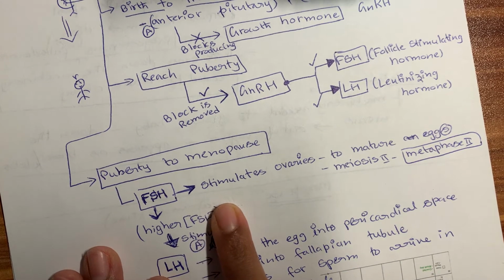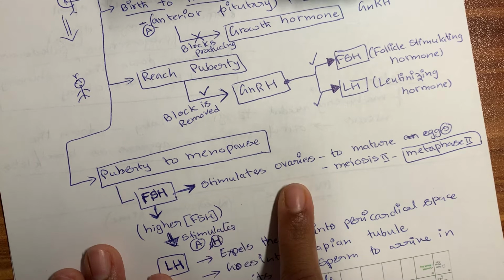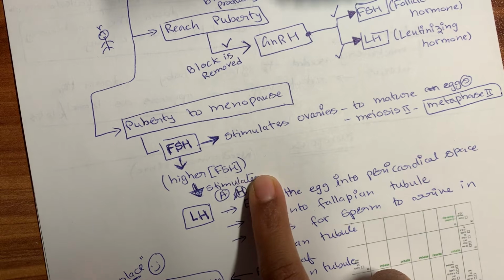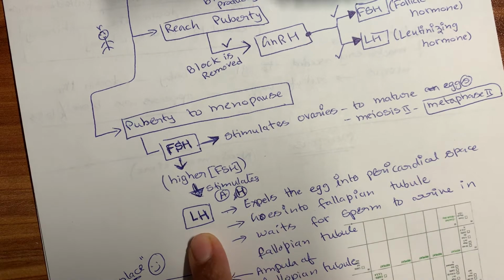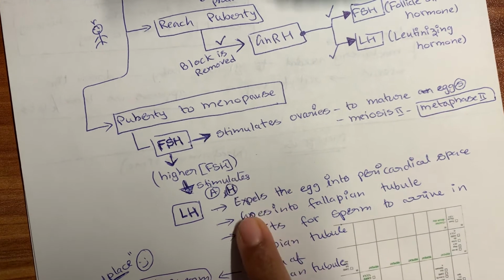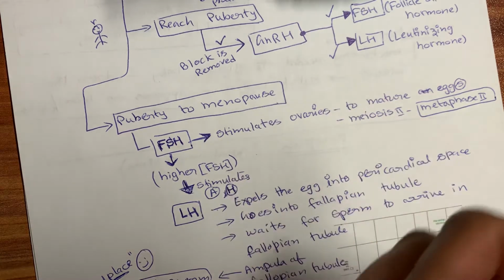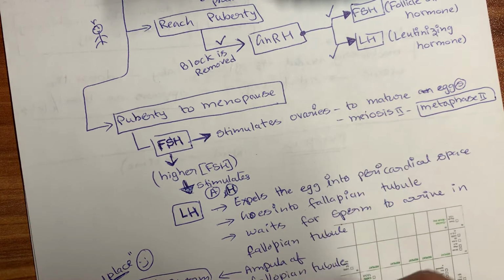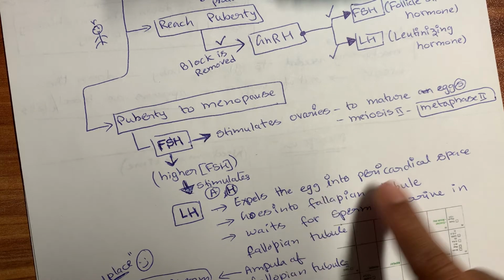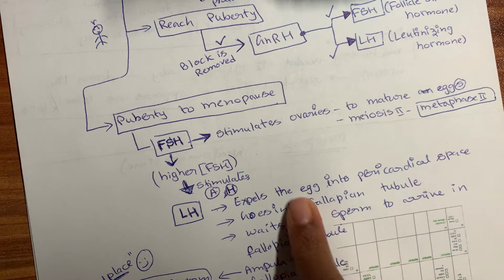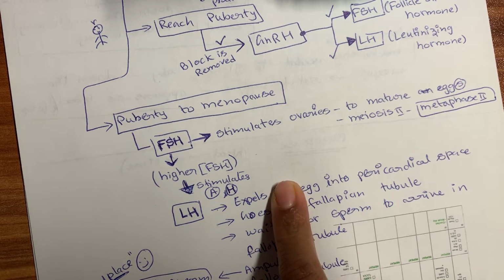What makes this egg come out of the ovary and get into the fallopian tubule is a high concentration of FSH hormone, which stimulates the LH hormone, luteinizing hormone. When this hormone peaks, the egg comes out of its follicle, gets out of the ovary and tries to get closer to the fallopian tubule.